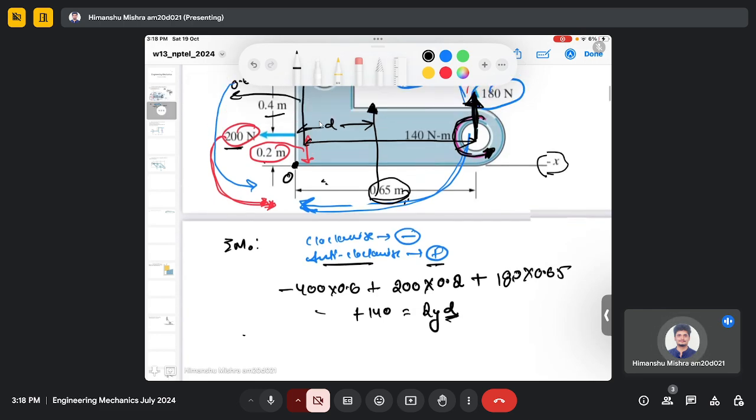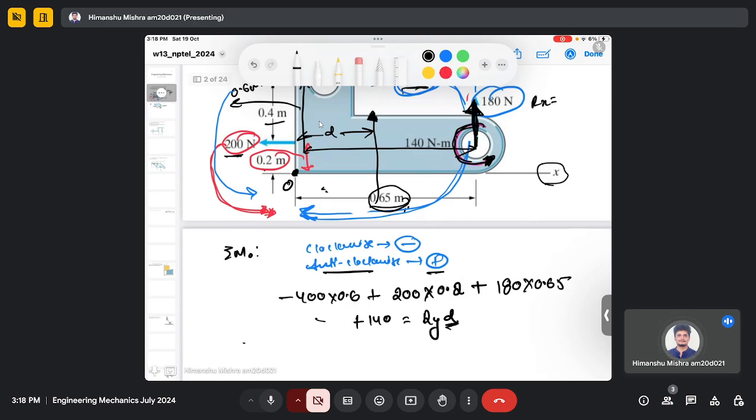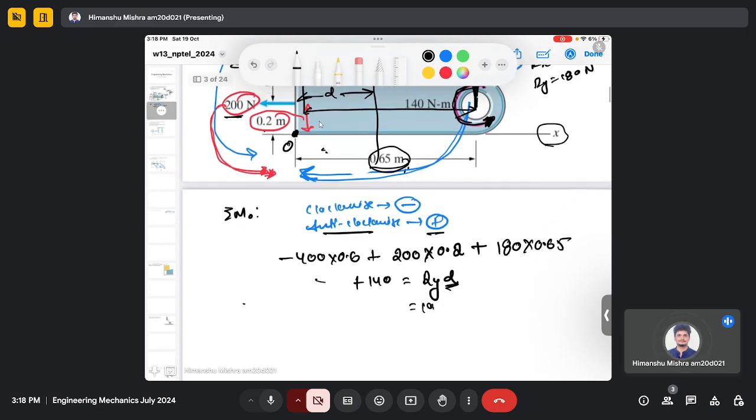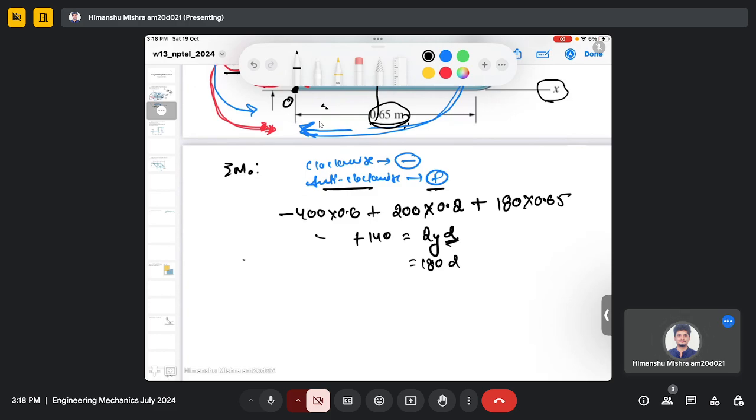So we found Rx, which was 200 Newton, and we found Ry, which was 180 Newton. So it is 180 d. So now we need to calculate this quantity.